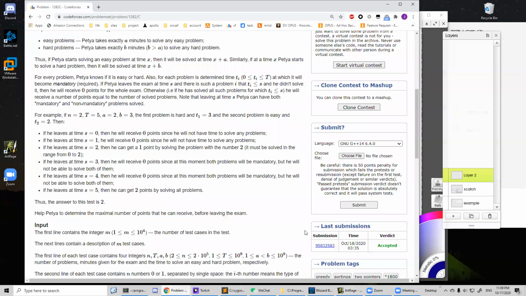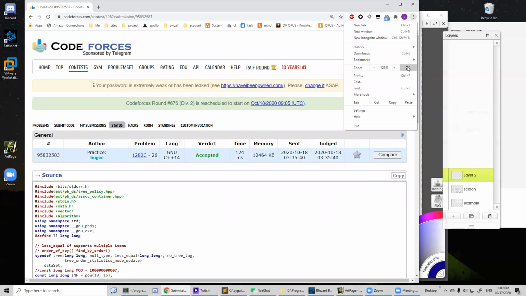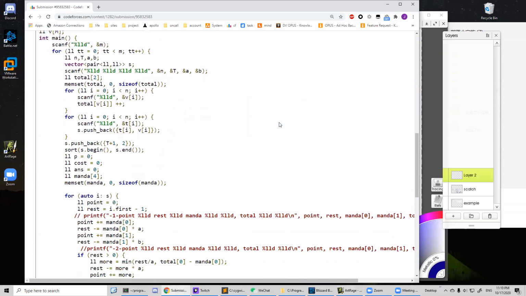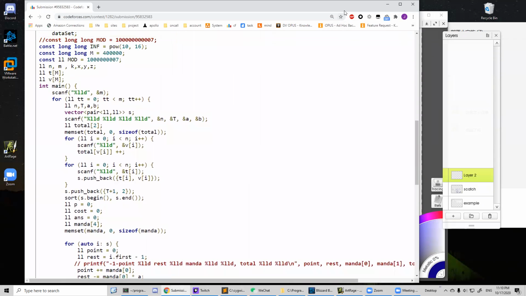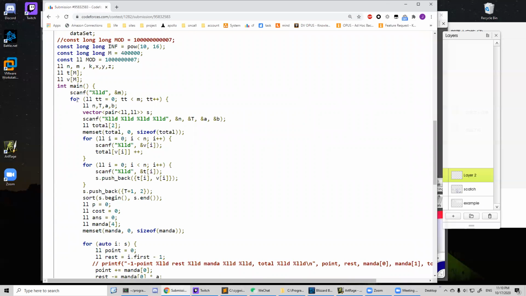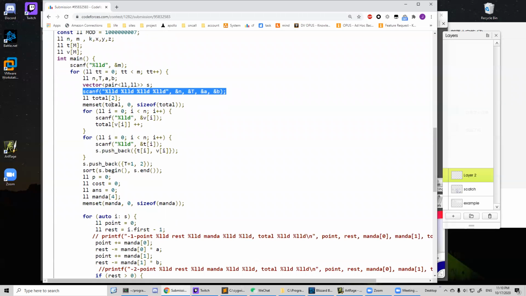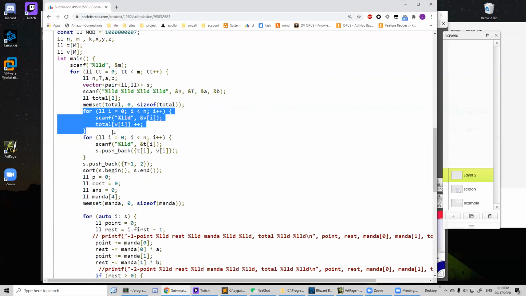And let's take a look at the code. Let's zoom in a bit. So this is our code. First, we are going to read the number of test cases, and we iterate each test case. And then we're going to read all those 4 numbers. And then we're going to read the types of the problems and keep the total counter, right?